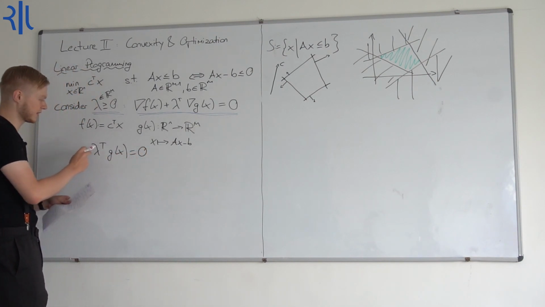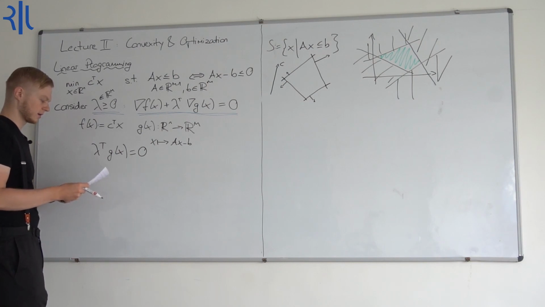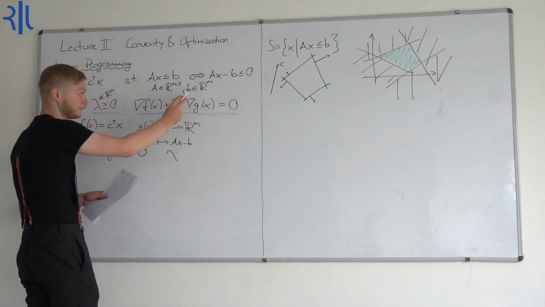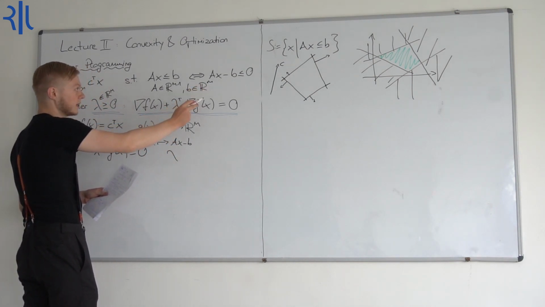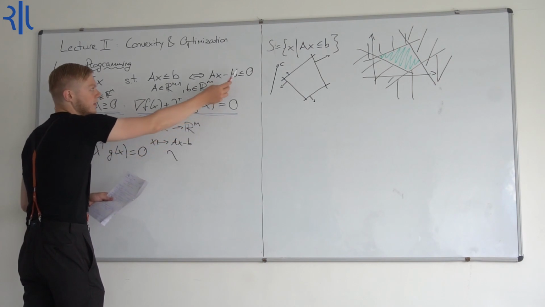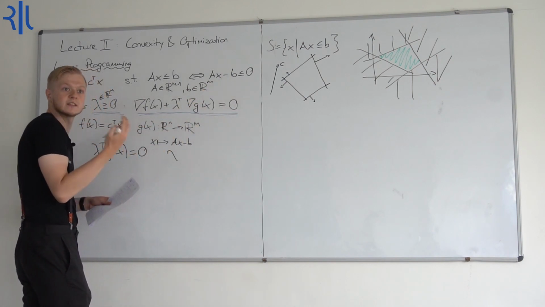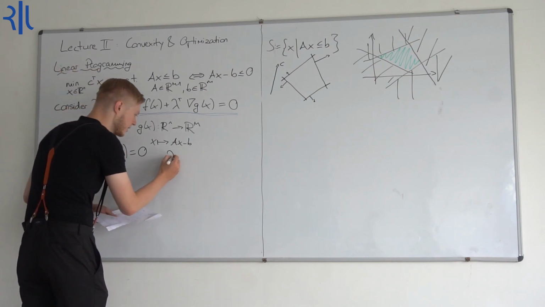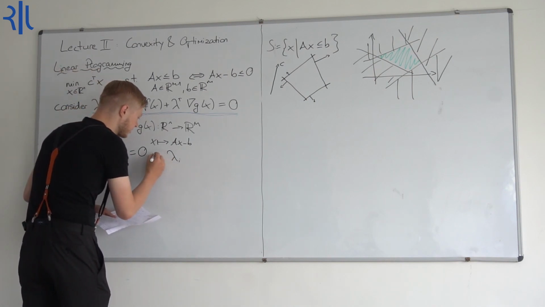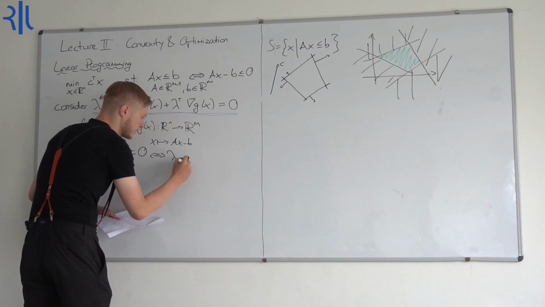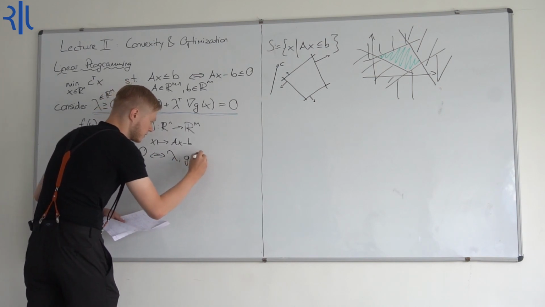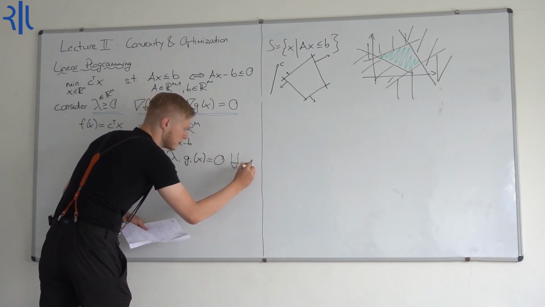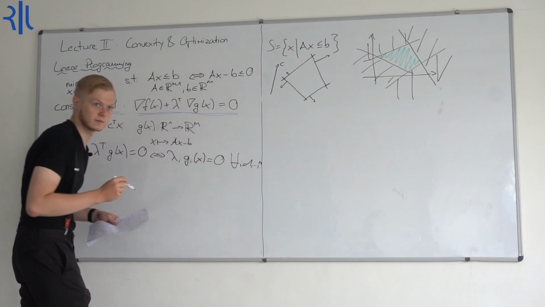And because the lambda are greater or equal to 0, this condition here also fixes the sign of all the components of G. So this corresponds then to this.